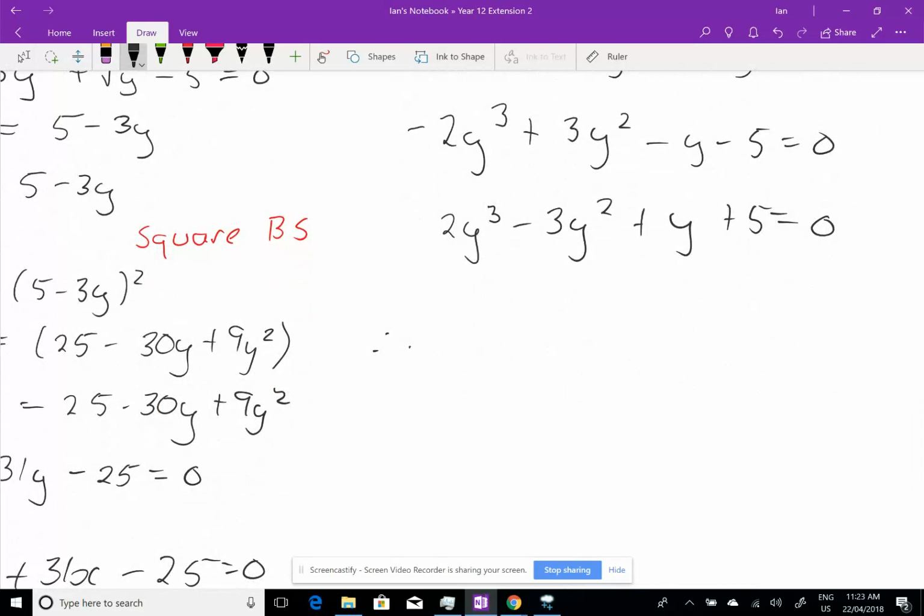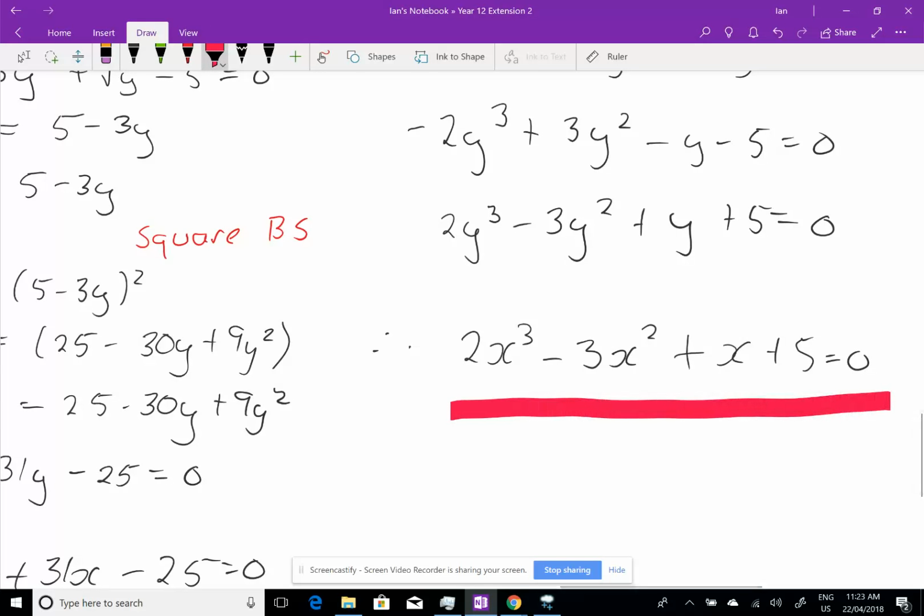And therefore, the equation is 2x cubed minus 3x squared plus x plus 5 equals 0. And there we go. And they're the transformations.